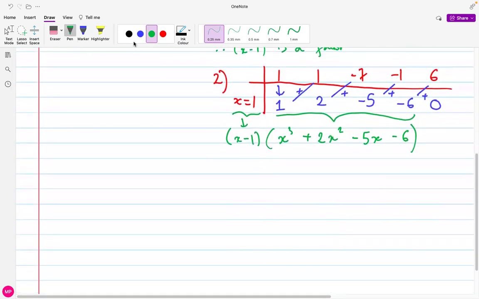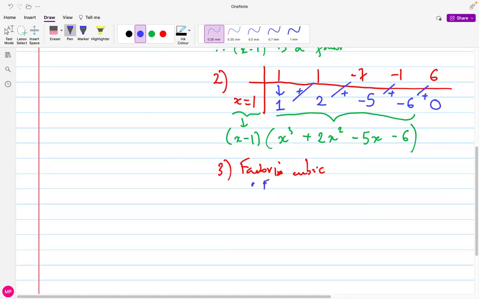Then your next step is you're going to factorize the cubic here. So step 3 is I'm going to factorize the cubic that I have here. To factorize the cubic, you do have the constant of 6, so you're going to try again using the trial method.